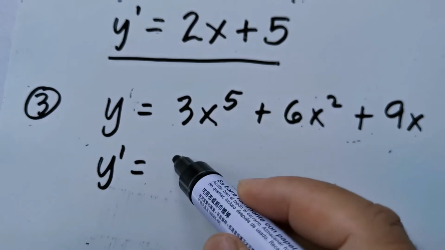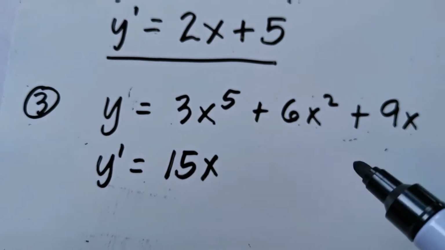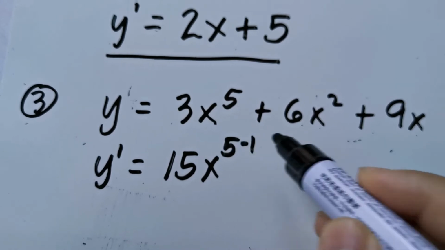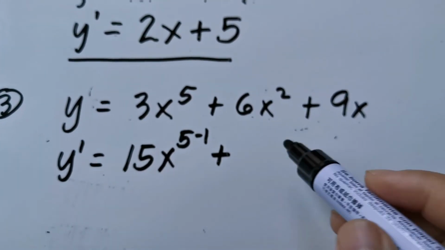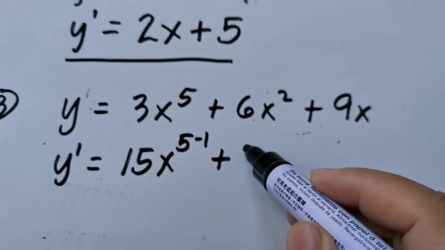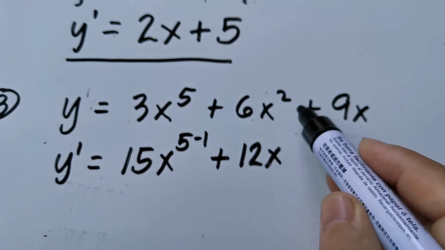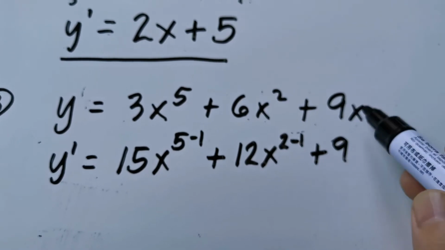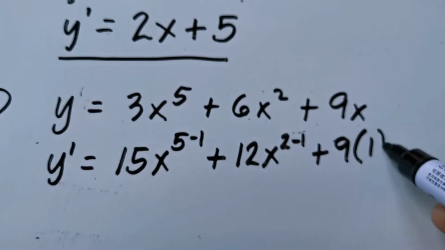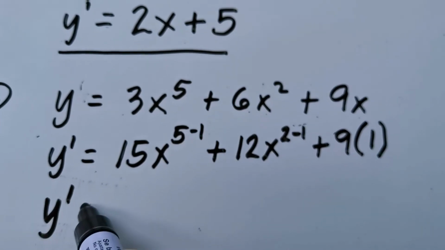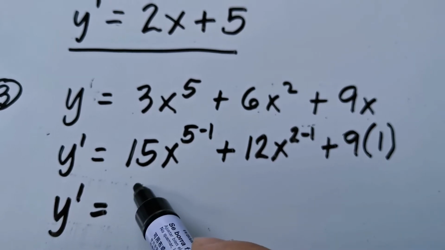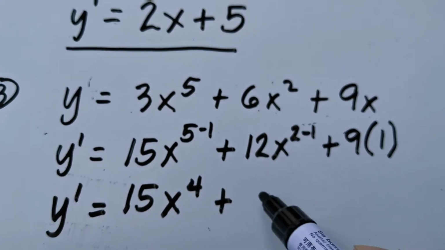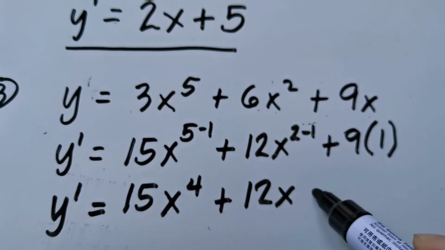So 5 times 3 is 15, and subtract 1 from the exponent, so we have 5 minus 1, plus multiply, we have 2 times 6 is 12x, then 2 minus 1, plus 9 times the derivative of x, which is 1. y prime is equal to 15x to the fourth plus 12x plus 9.